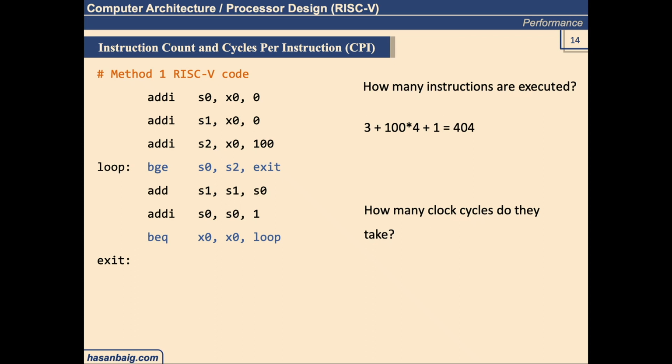Either the inverse of clock rate or the CPU time. No, forget about the previous formula right now. It's just in terms of clock cycles, you have 404 instructions. In general, in any program, how many clock cycles would a program take?